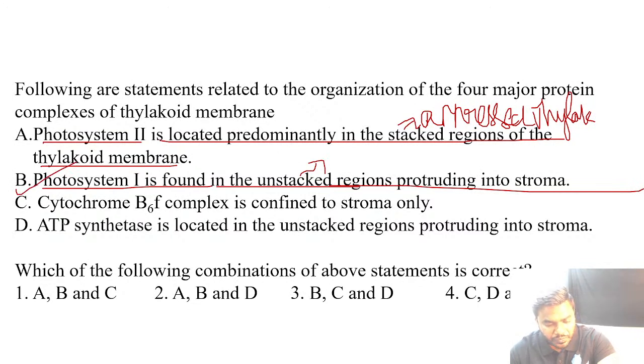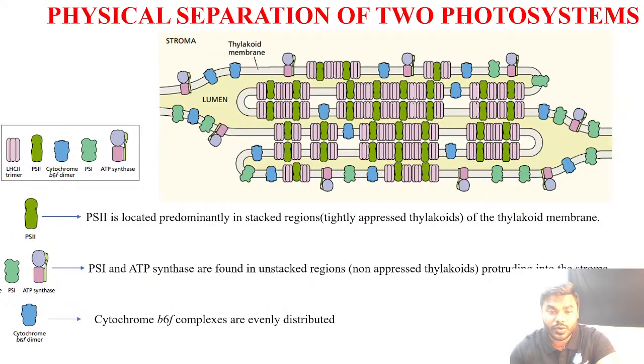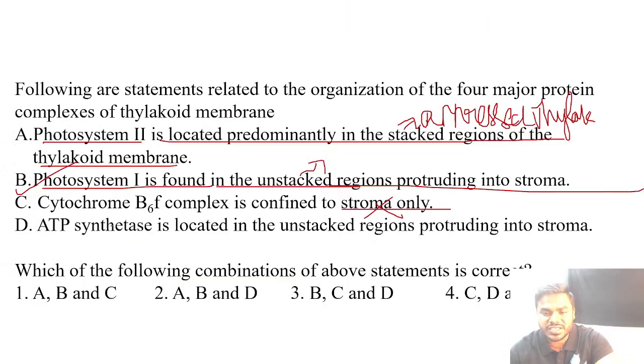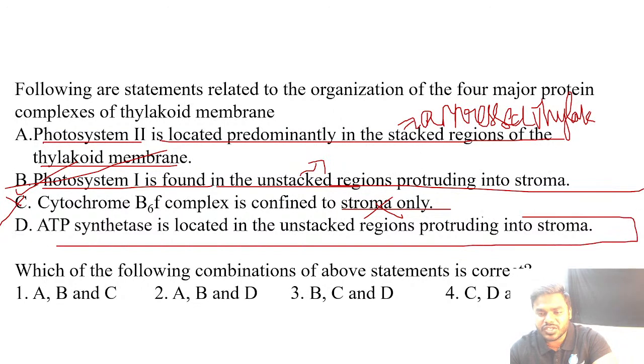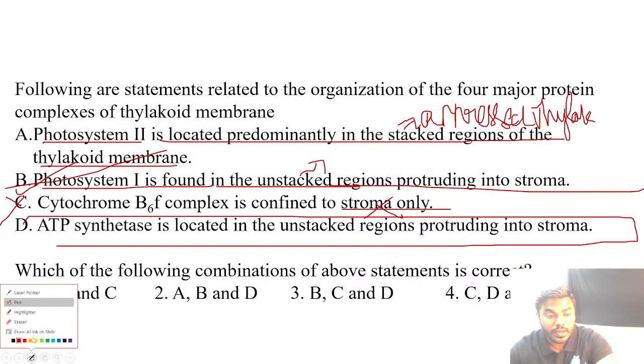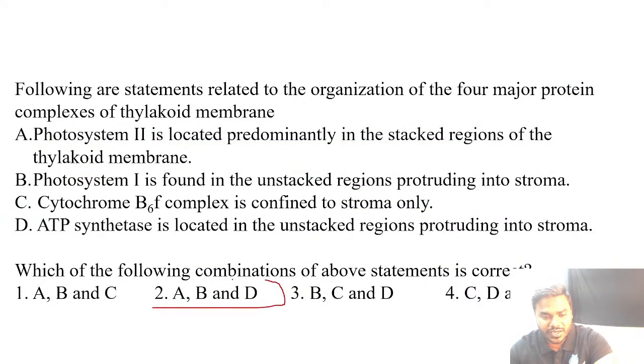Absolutely true. Now, cytochrome b6f, they said that it is confined to stroma. This is a wrong statement. You can see the diagram. Cytochrome b6f is present everywhere. So that's why we can say cytochrome b6f is evenly distributed. Do not forget that. So option C is wrong. ATP synthase enzyme is located on the unstacked. So C is wrong, A is right, B is right, D is right. Okay, so what will be the answer? The answer will be 2.